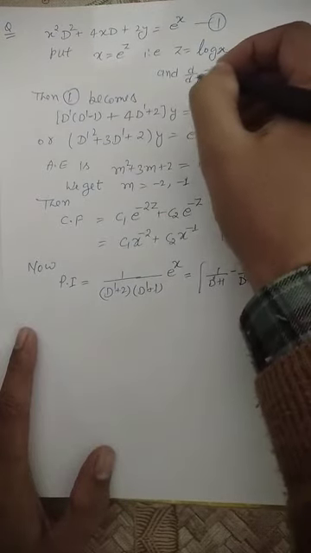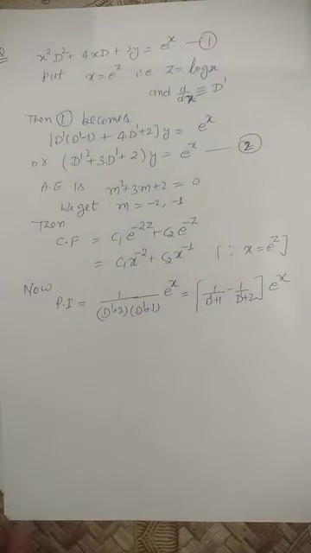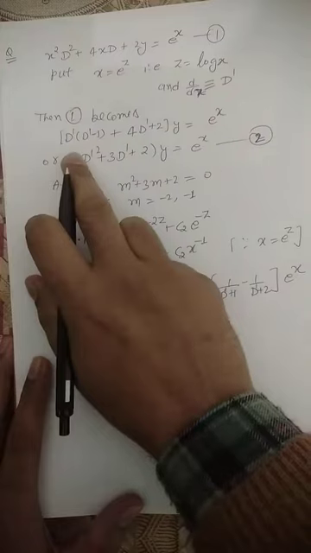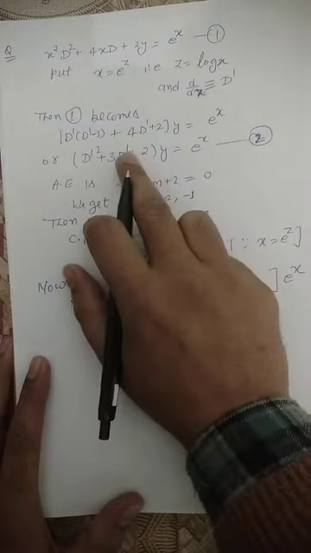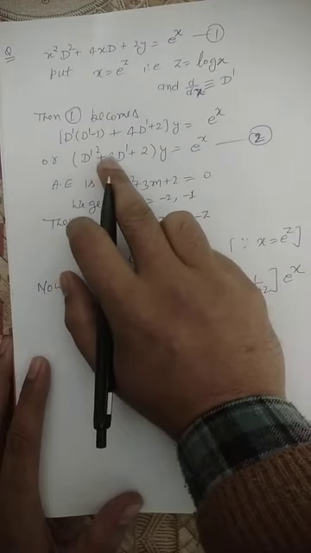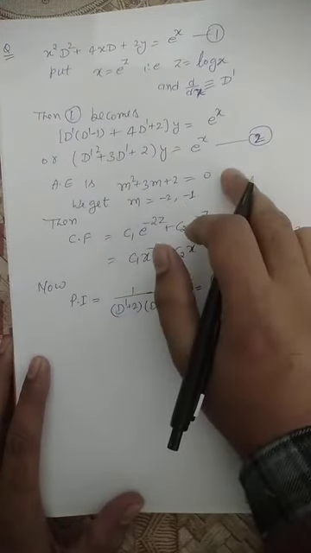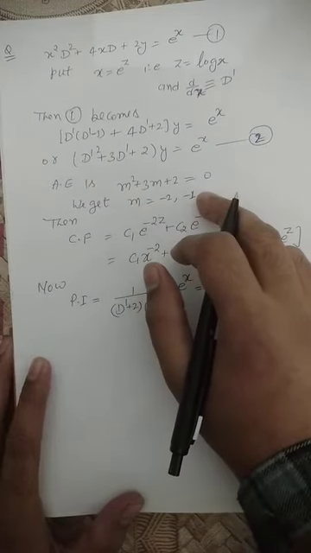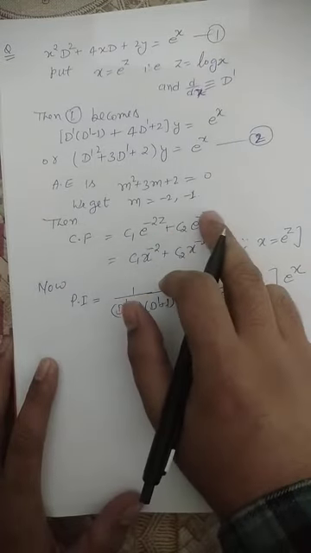Then the equation becomes like that. You can easily find the CF of this equation. What is the auxiliary equation? M square plus 3m plus 2 equal to 0. So what do you get? M equal to minus 2 and minus 1. You know how to find the CF of this type of differential equation. The CF is c1 e to the power minus 2z plus c2 e to the power minus z.